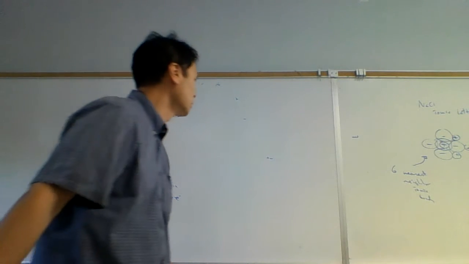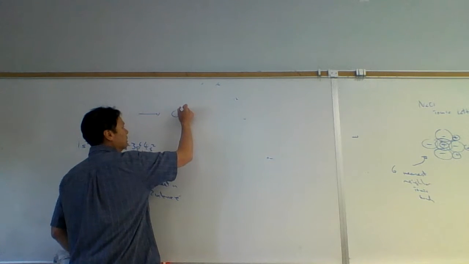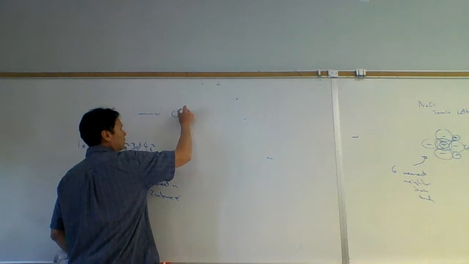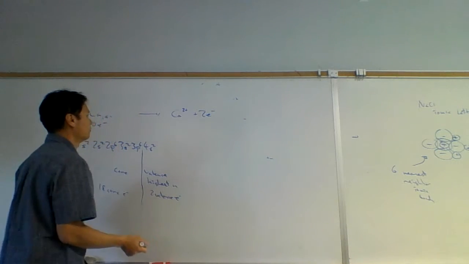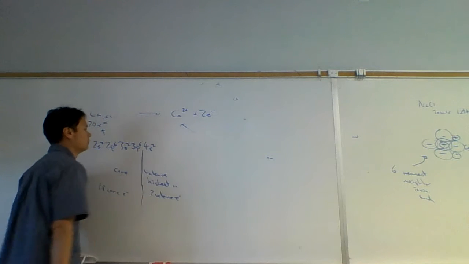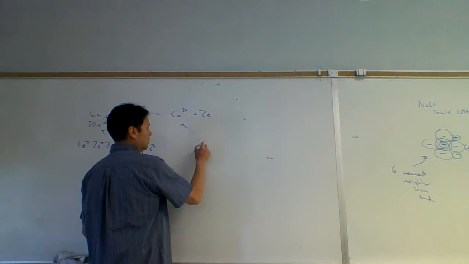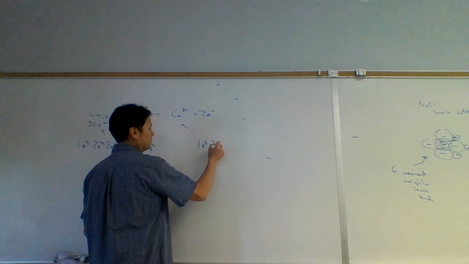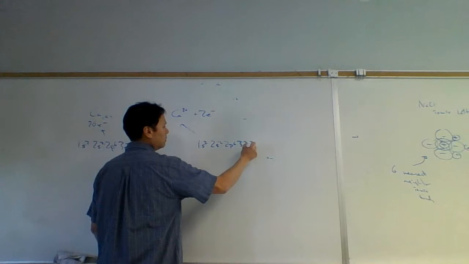Low. And it's going to be oxidized to what? Well, what's the electron configuration for calcium 2 plus? Just do the whole thing. It's going to be 1s2, 2s2, 2p6, 3s2, 3p6.